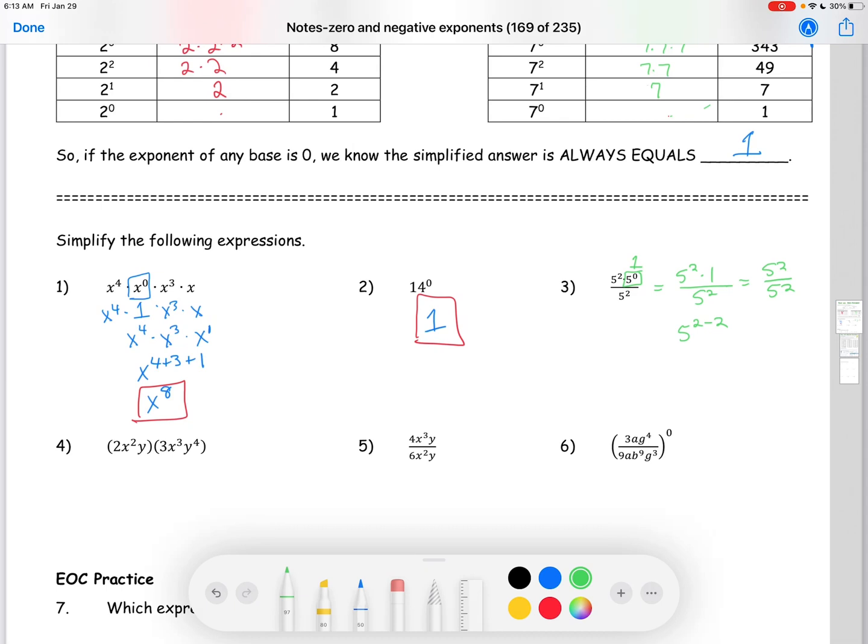Normally we say 5 squared over 5 squared is, oh, we just cross it out and it's 1. But why do we do that? Because by the quotient rule, 2 minus 2 is what we can do. And this becomes 5 to the 0, which we just said is 1.